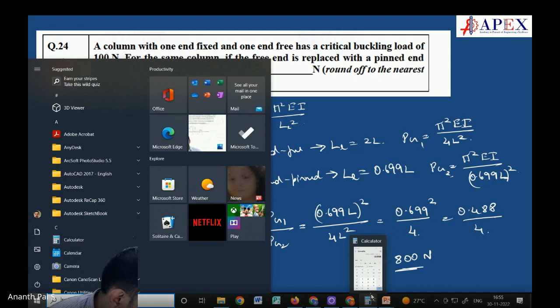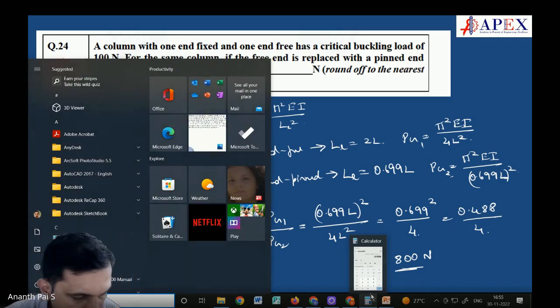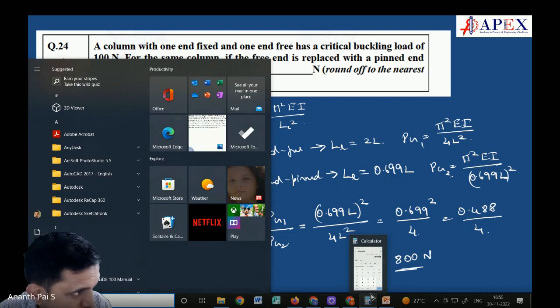Taken that. One second. 0.70, that is root 2.